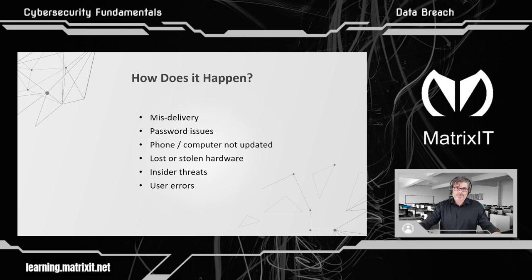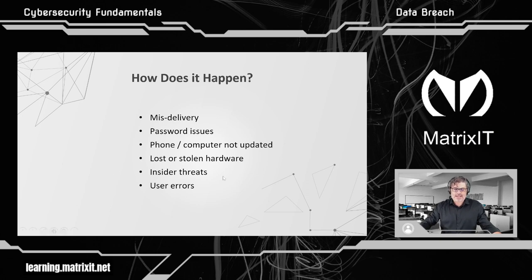And user errors, misconfiguration. A lot of the times in IT, we work with setting up, for instance, cloud-based systems, where the information sits in the cloud. And if it's not configured properly, the bad guy can possibly get in and pull data out of it.